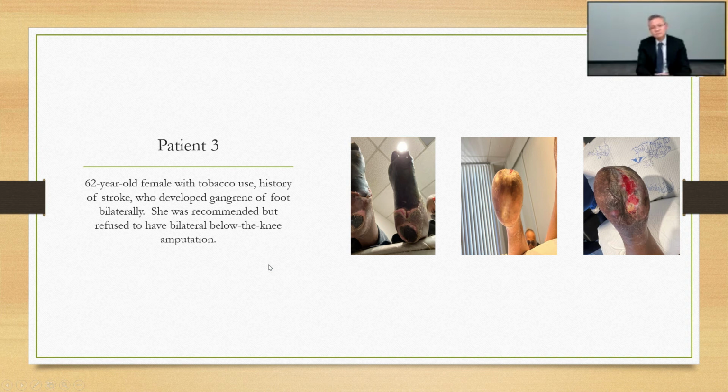This young lady totally refused, and I can understand why, but she totally refused. So I was asked to provide some alternative treatment option. So we took care of her. We took pictures of the blood vessels. It turned out that she had occlusion of all the blood vessels from the ankle toward the toe in both feet.